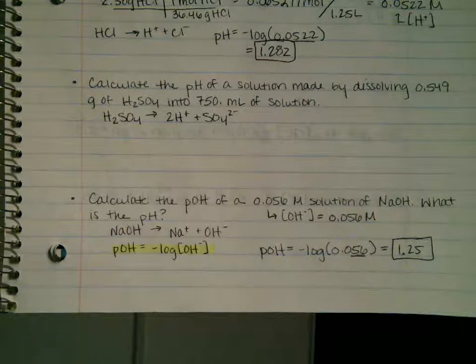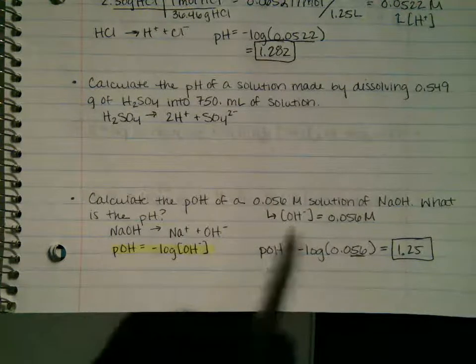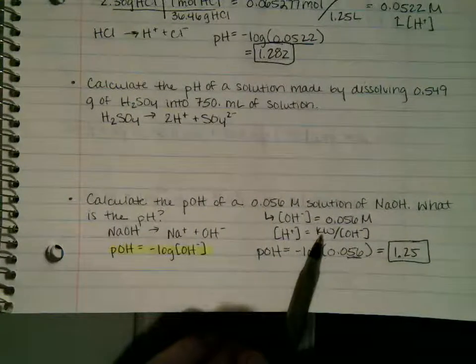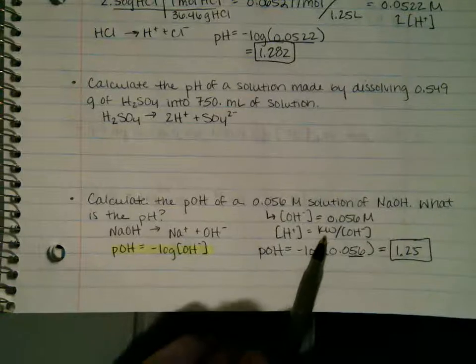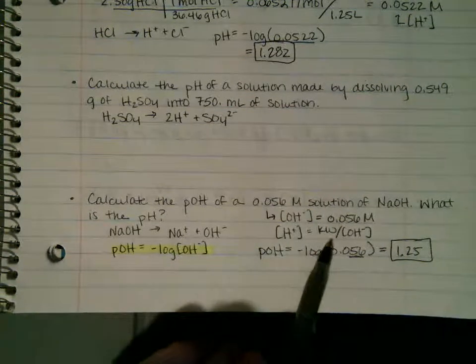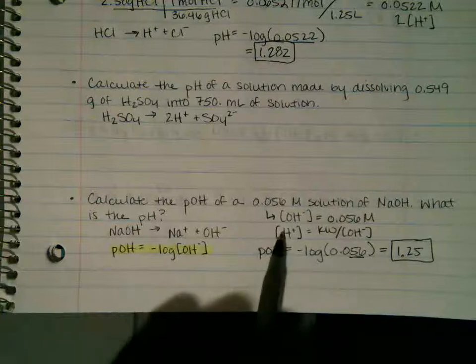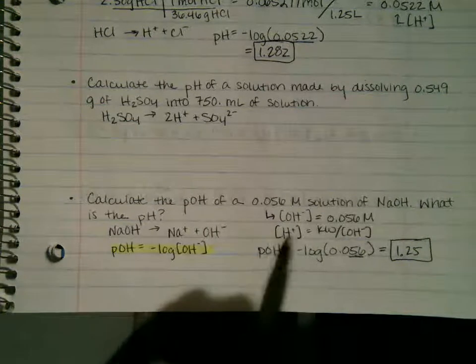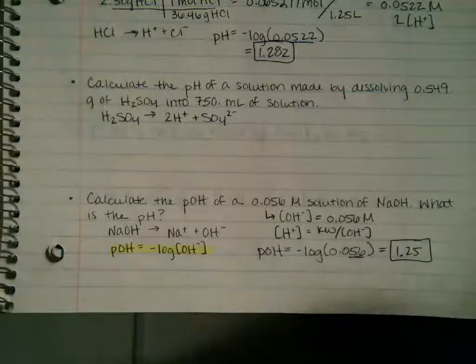Good. Now there's sort of 2 things you could do. You could find your hydrogen ion concentration by taking KW. Do you recall KW from our last video? Hydrogen ion concentration is KW over hydroxide ion concentration, so you could solve for that and plug back into our pH formula.